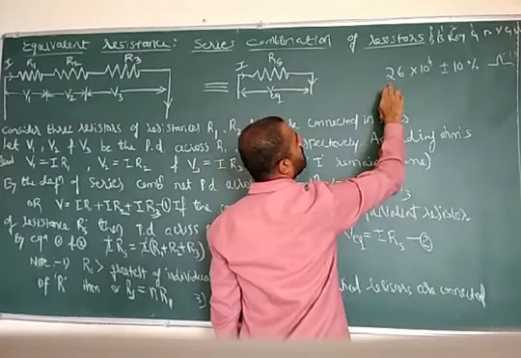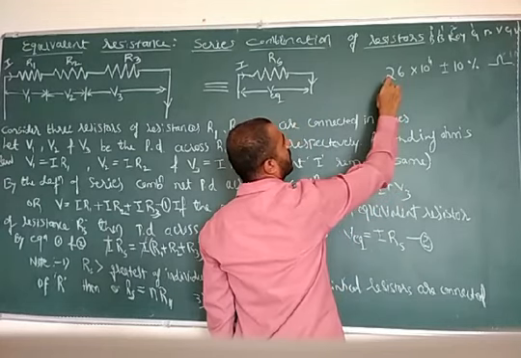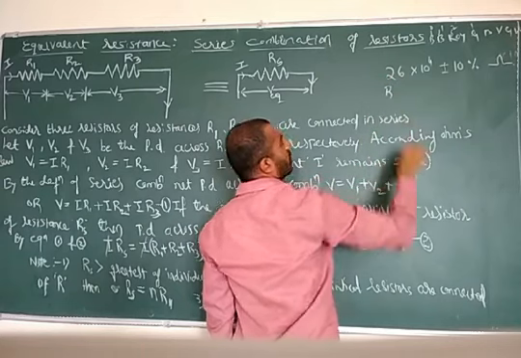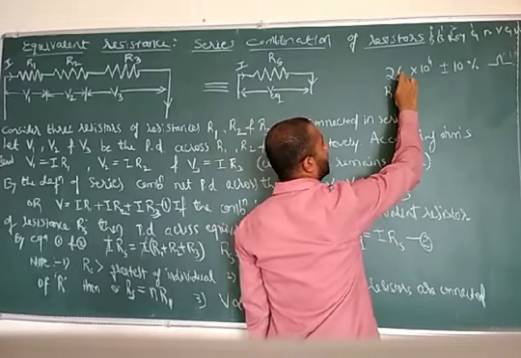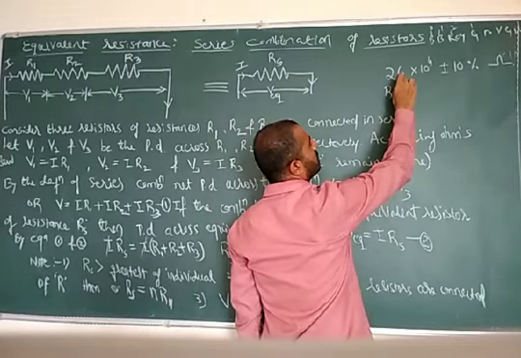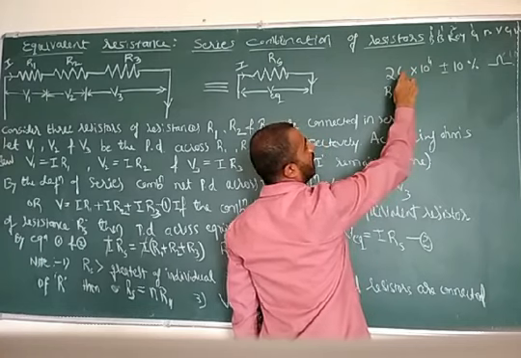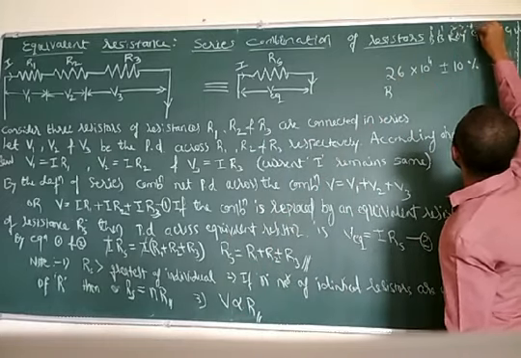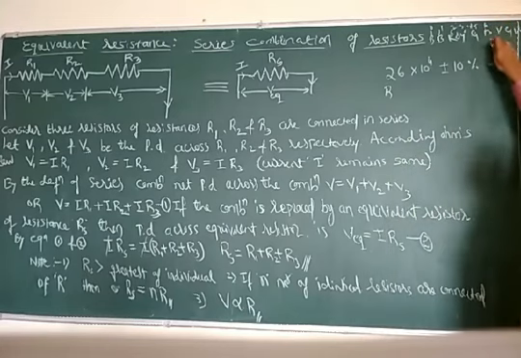To represent this 2, it can be represented with the color band red. The first color band should be red, and the next, second digit is 6, and the value of 6 is represented by the color blue.